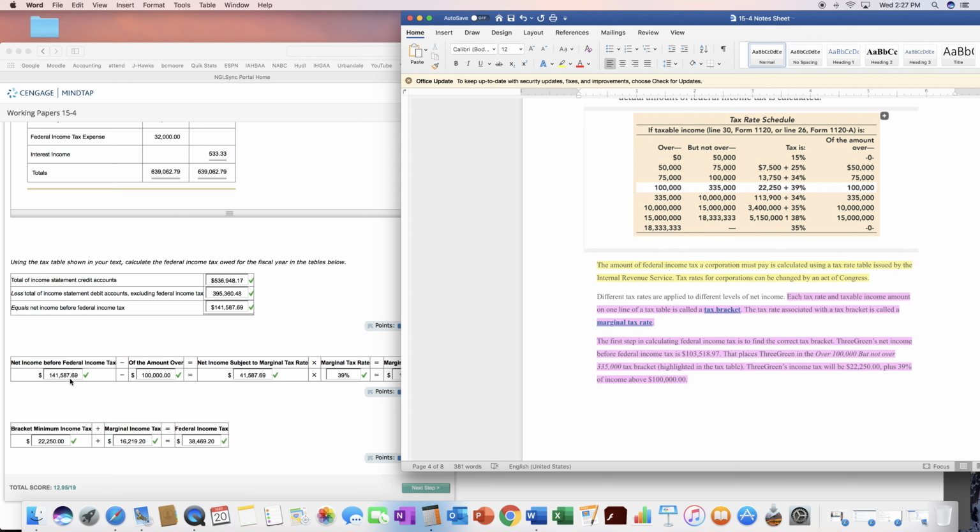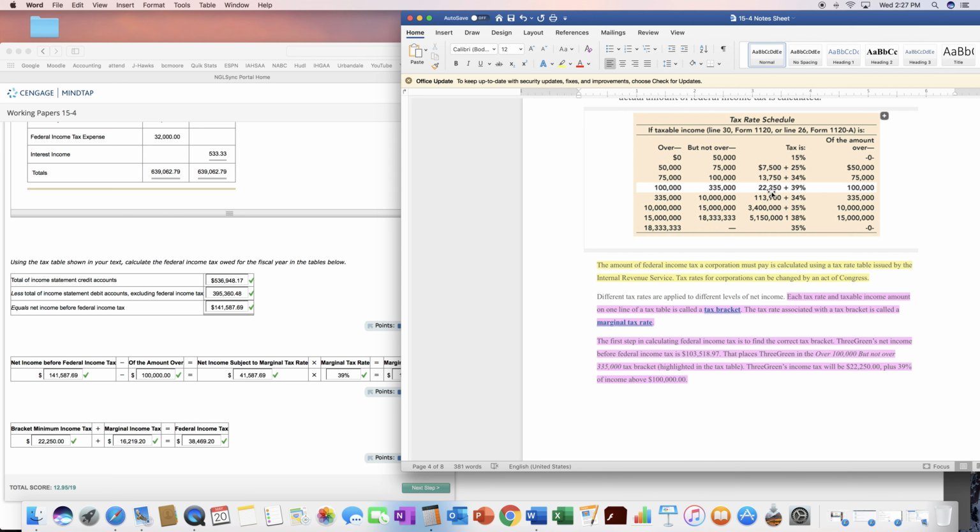So we take the 141,587, we find where it sits here. It's in this range. So we subtract the 100,000, that's the bottom part of that range, to see how much is subject to the marginal tax rate.